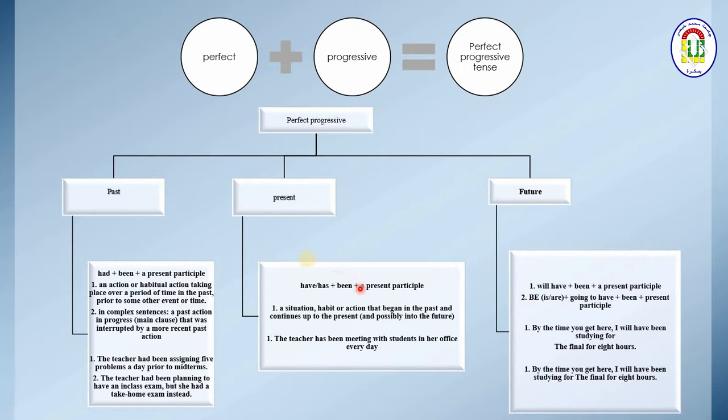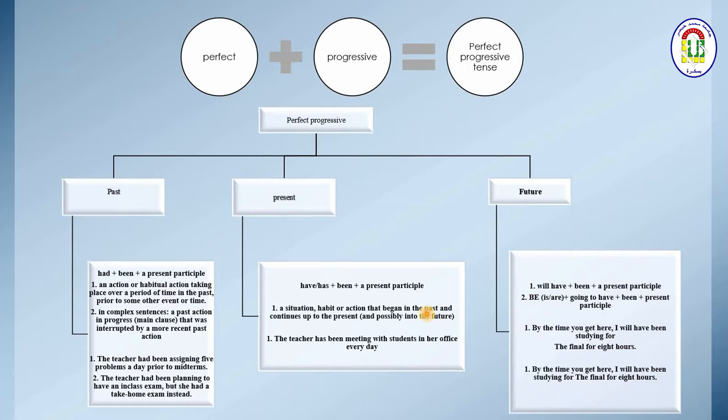So has or have plus been plus present participle, for a situation, a habit or action that began in the past and continues up to the present, and possibly into the future.